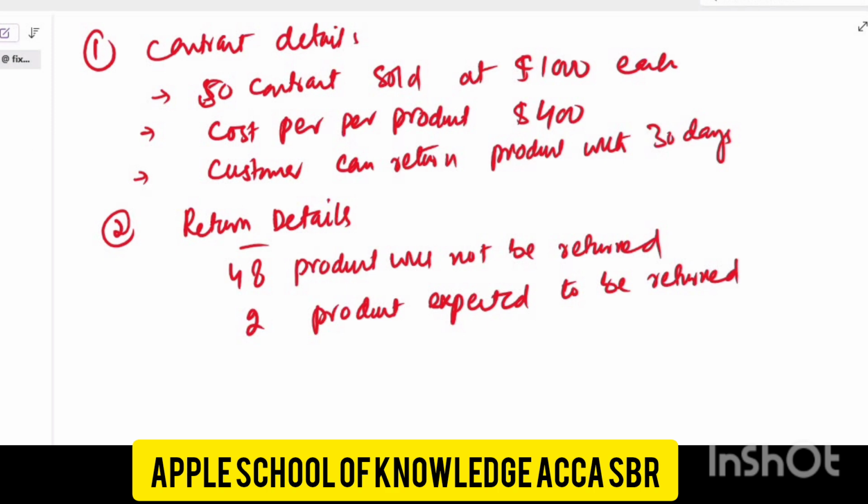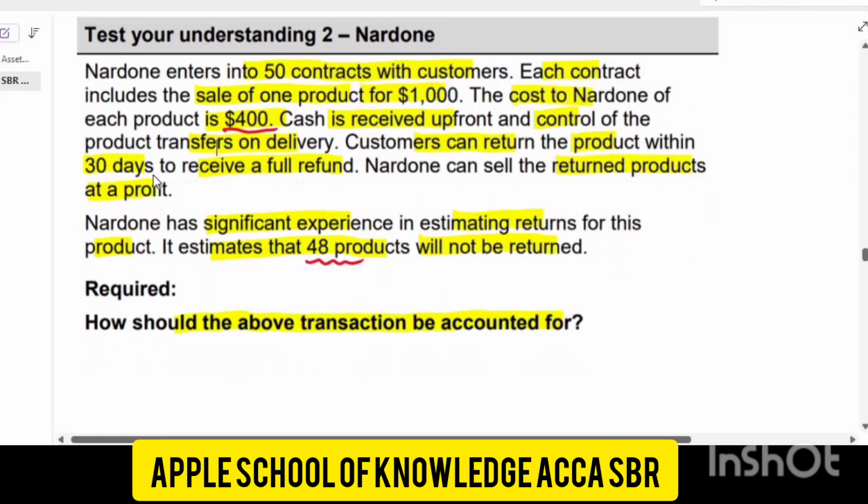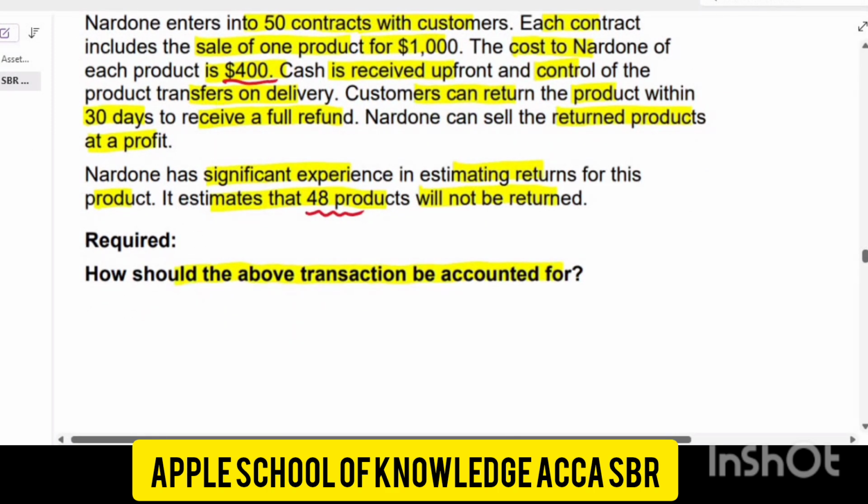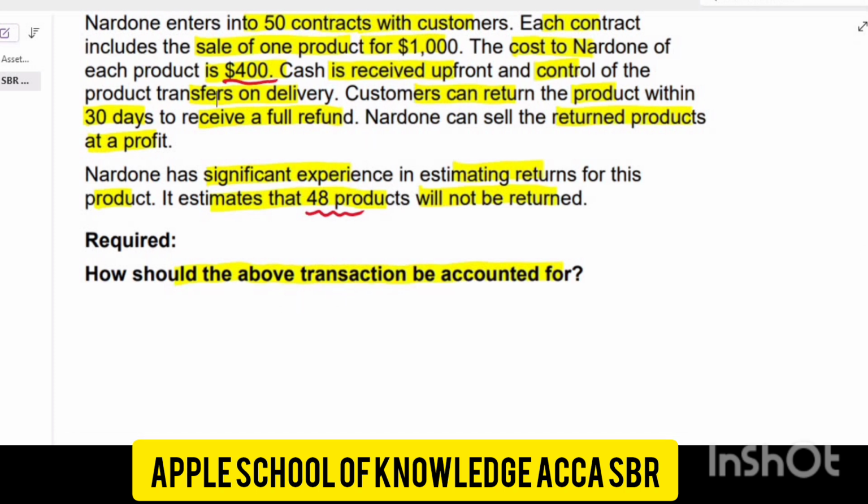Now we have to work out how the above transaction should be accounted for.